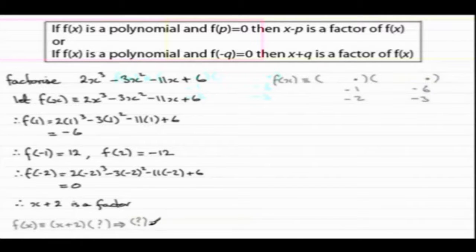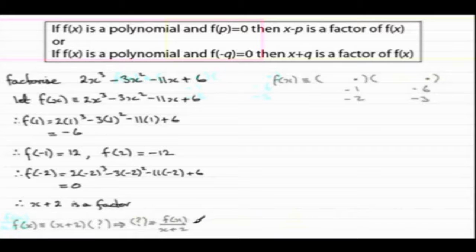It would be identical to f of x divided by x plus 2. So what we could do is algebraic long division. That's the way I'm going to show you in this tutorial. In another tutorial I'll show you another way that we can get that quadratic factor.